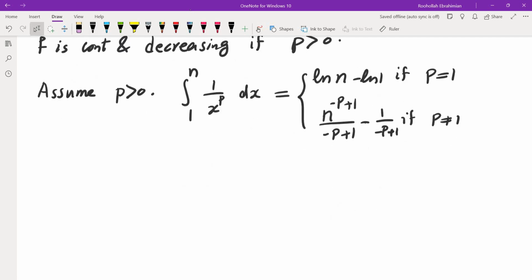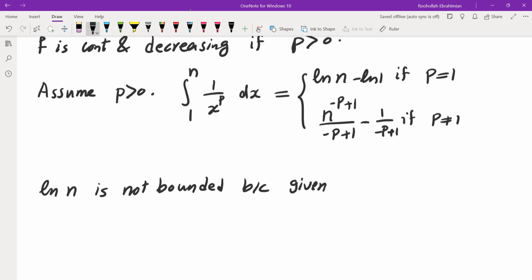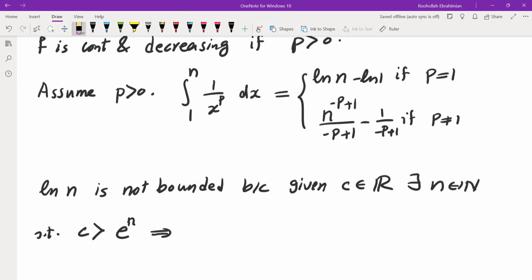Now, first of all, the top one, natural log of n is not bounded, because given a real number c, there is a natural number n such that c is less than e to the power of n, and that means n is more than e to the power of c.